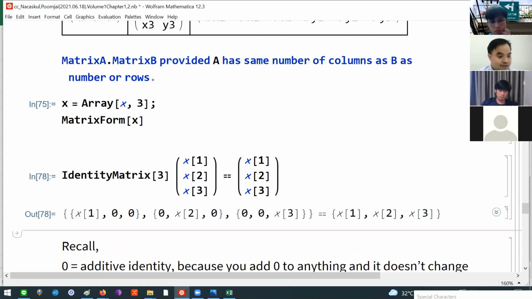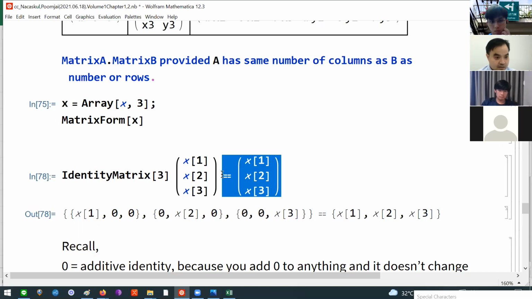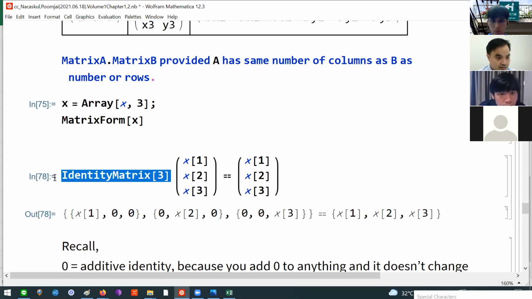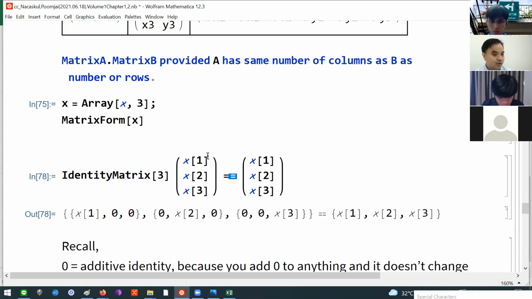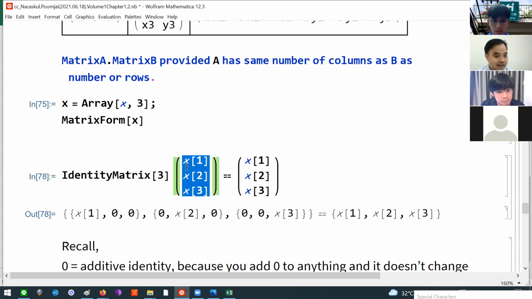Is it true? Yeah. This is what I want to do, but by the way, I should take it out of the format. Sorry.